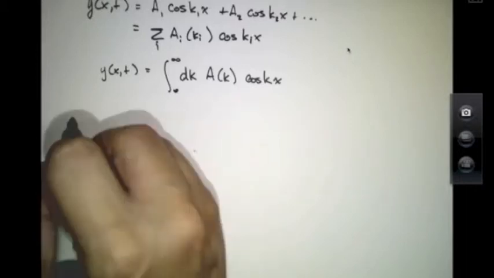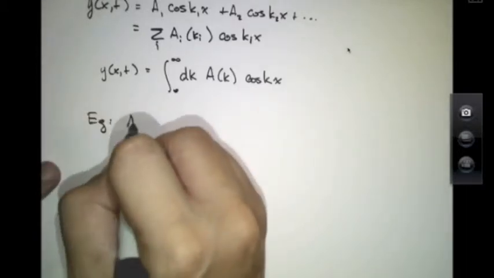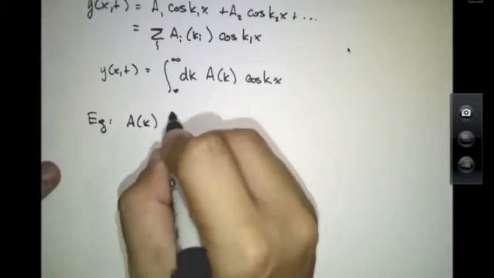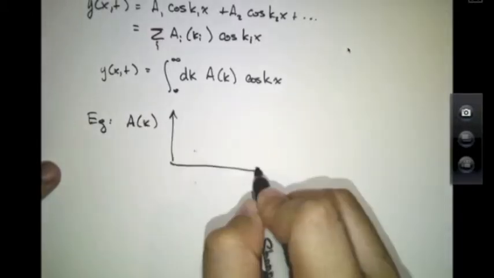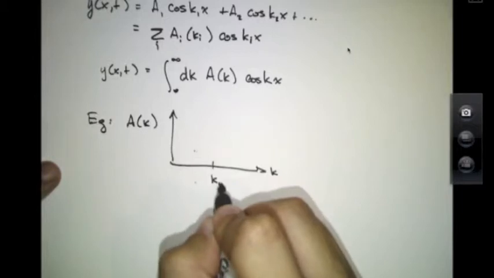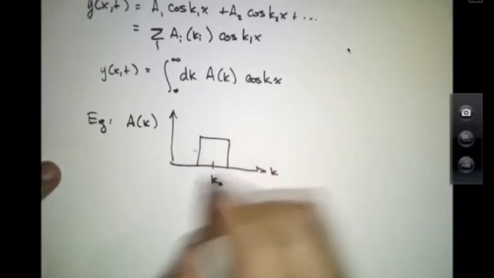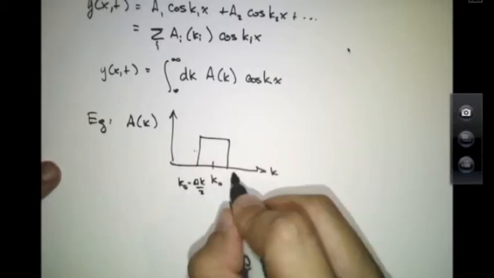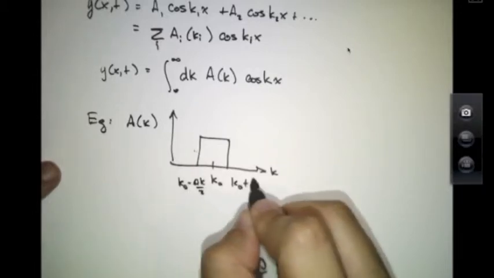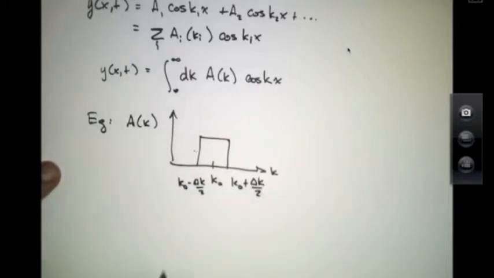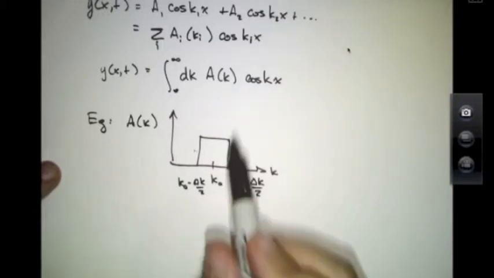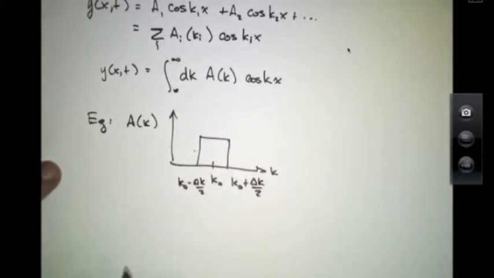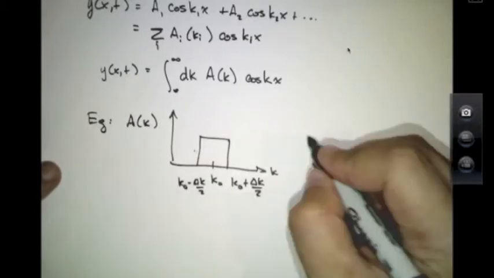So for example, if a of k looked like this, in which I was going to accept all possible values of k at k0 minus delta k over 2 up to k0 plus delta k over 2, then our net sine wave here would look something like this.